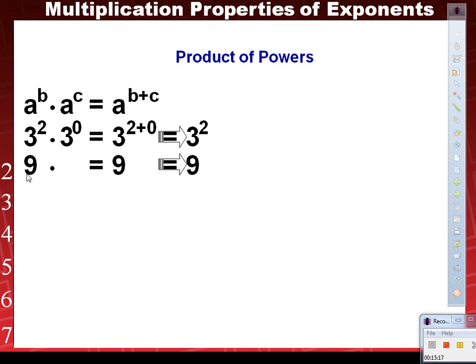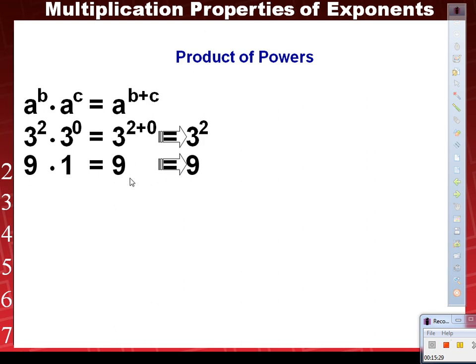Let's see. What is 9 times? 9 times what gives me 9? And you're saying that this is 0. Could this be 0? No, because then it would be 9 times 0 is 0. But is this 0? So what are we saying? That 3 to the 0 is what? 1. And it works with all kinds of numbers.